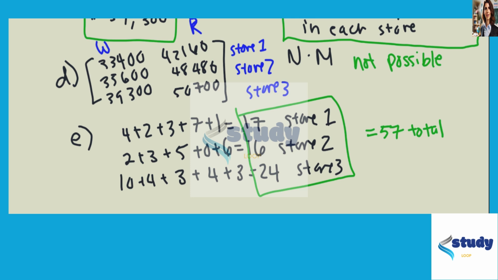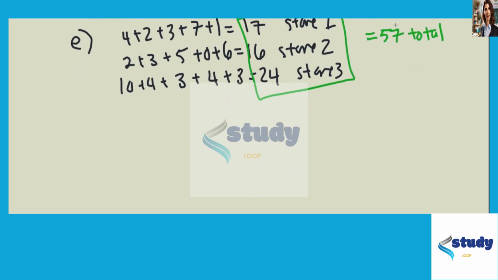Then in part F, we're asked to discuss the methods where we can find the total inventory of all 5 models at each store. We already did that over here.